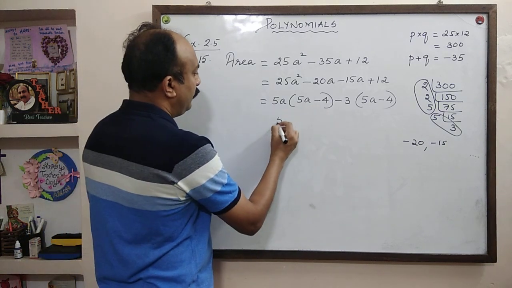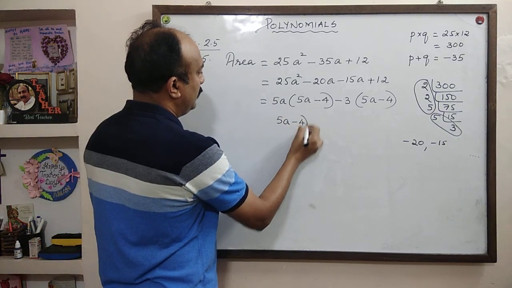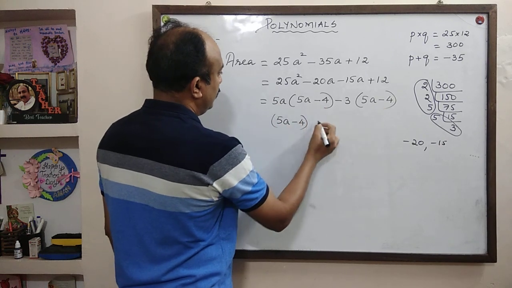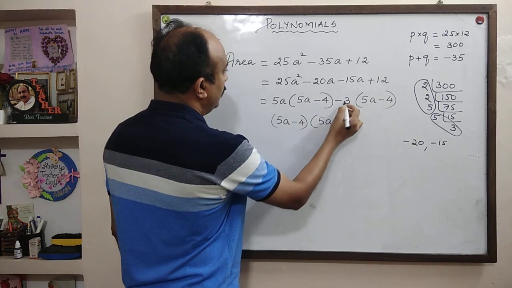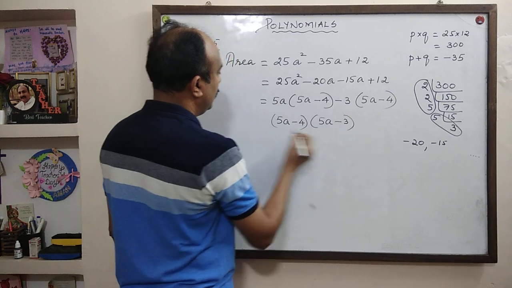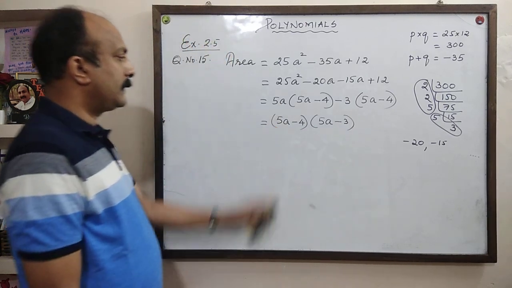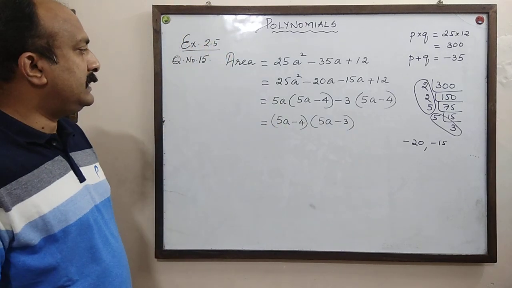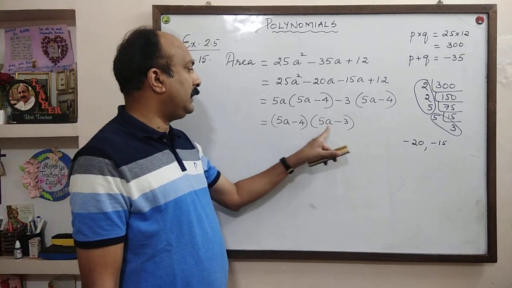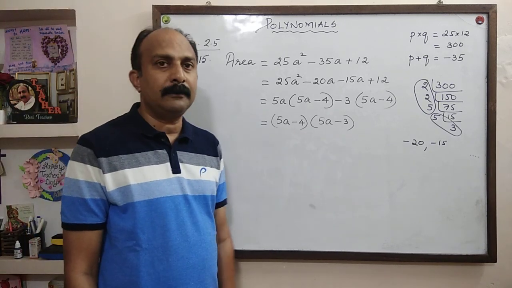Now 5a minus 4 is common. What is left here? 5a, and left here minus 3. So we could factorize it as (5a minus 4) into (5a minus 3).